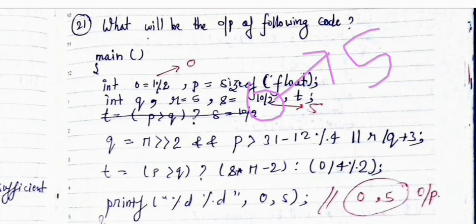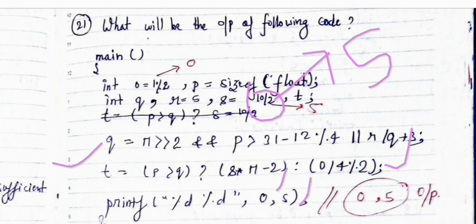Now come to the next code, that is q equal to r right shift 2 and p is greater than 21 minus 12 modulo 4, or r divide q plus 3, and t equal to p is greater than q, using the conditional statement with all the input elements. Now print the value of o and s.